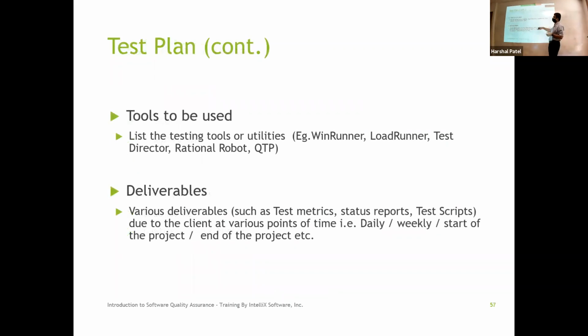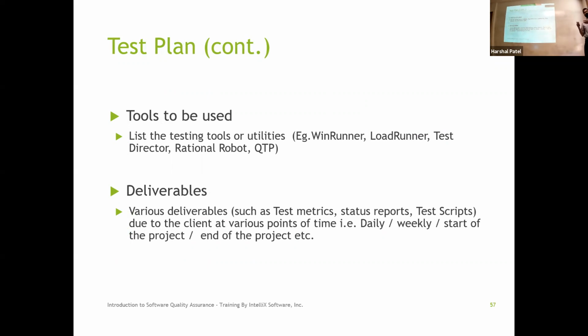Then the question comes around what tools I'm going to use. Okay. There's a whole bunch of tools, and we'll start using some of that. So it's a listing of it. And the reason why you need this is to make sure, do I have a license? Or do I have people who are trained in that tool who can use it?